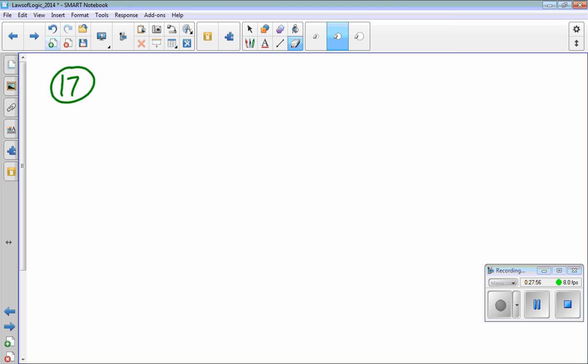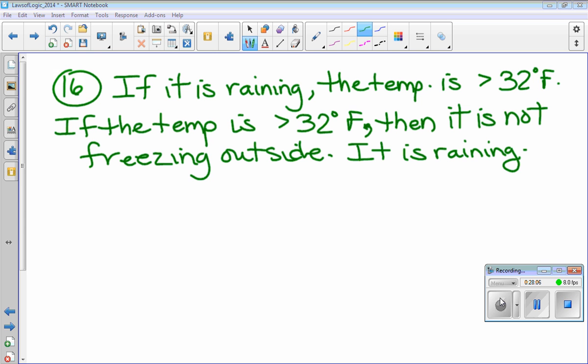Actually, I'm changing it. Can you do 16? I'm sorry, 16. Look at 16 for me. Try to draw a Venn diagram for that one as well.